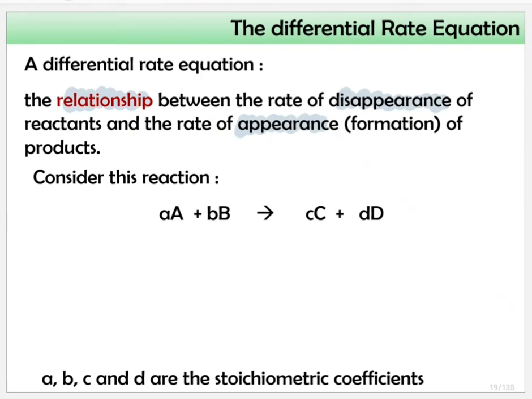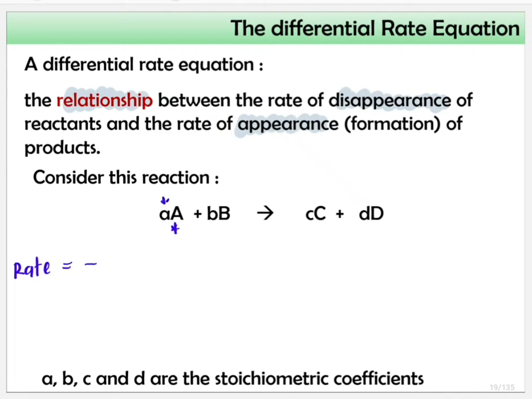So for example, secara generalnya, macam mana kita nak tulis differential rate equation? So kita ada A react with B, produce C plus D. Jadi untuk differential rate equation, so rate equals to, ini adalah reactant. So bila reactant kita mesti guna negatif untuk tunjuk dia makin lama makin berkurang. So negative.